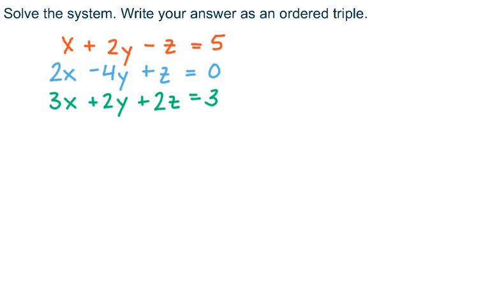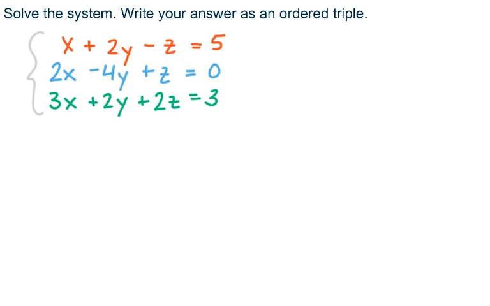In this example, we are given three equations, each with three variables. We want to solve this system and find our unique ordered triple solution. So as we said, we're going to use the elimination method twice, which means we're going to eliminate the same variable using two of these three equations twice.